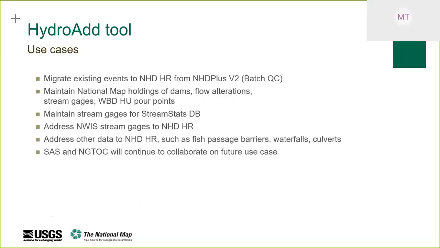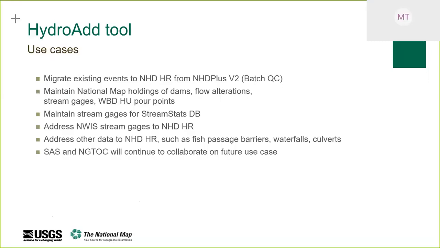Especially if you've got data that's been indexed to NHD Plus V2 and you want to migrate it to the high-res, that's one of the main reasons this tool is designed. Secondly, the National Map has hundreds of thousands of point events, dams, flow alterations, stream gauges, and WBD hydrologic unit pour points that we need to maintain. That's the other main driver for this tool.